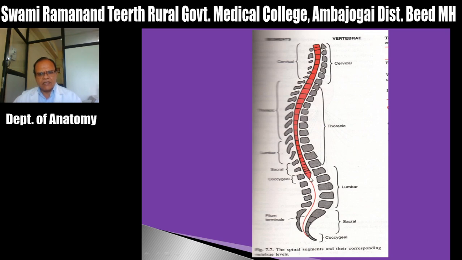But as age advances in intrauterine life after the third month, the vertebral column grows faster as compared to the spinal cord, and that's why the spinal cord ascends up. So at birth it is at the level of L3, and in the adult the spinal cord ends at the level of L1.